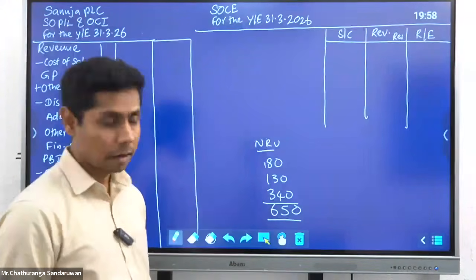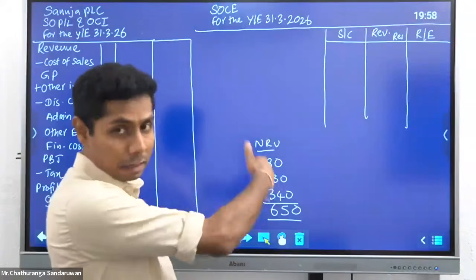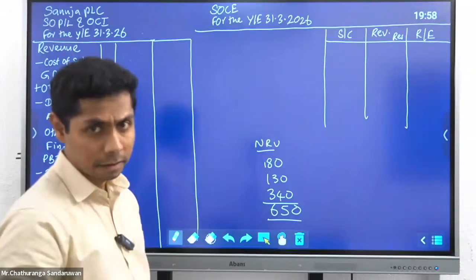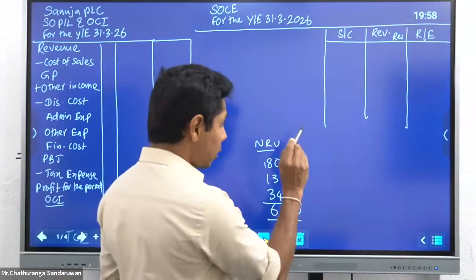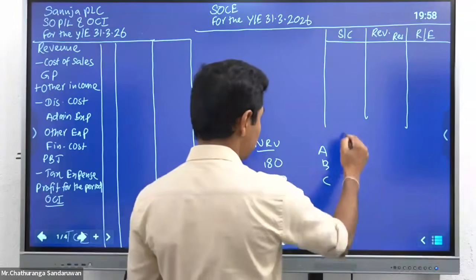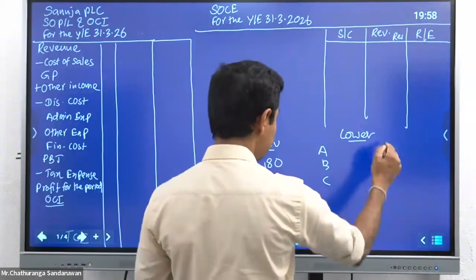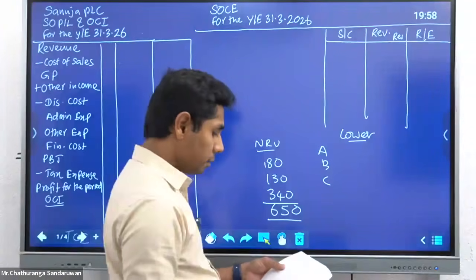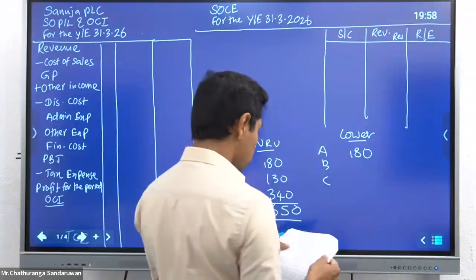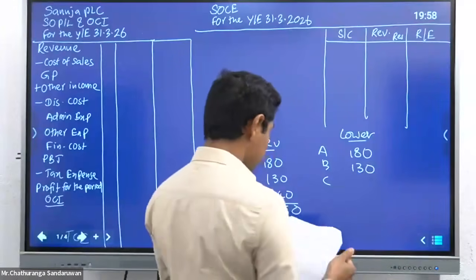That is incorrect, right? Now this has been debited, I mean the inventory account has been debited and cost of sales account has been credited, right? So let's calculate it correctly. There are three items A, B, C. So we have to take the lower. A item, the lower is NRV, which is 180. B item lower is 130, again NRV.